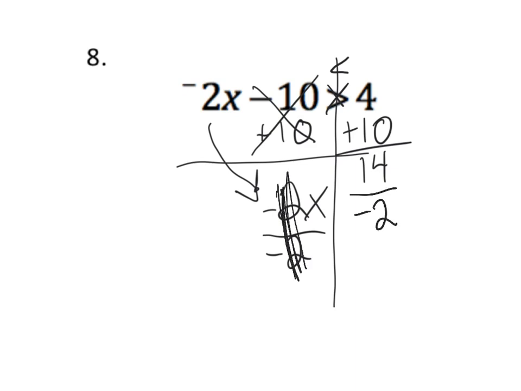These will cancel out. 14 divided by negative 2 gives us negative 7. So we get x is less than negative 7. So make sure we have that inequality sign looking the right way. We flipped it again because of the negative. So always look at that first.